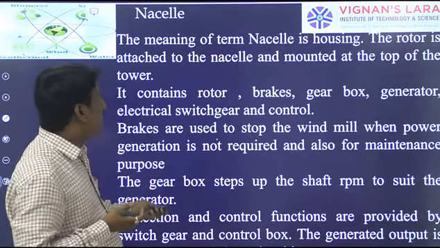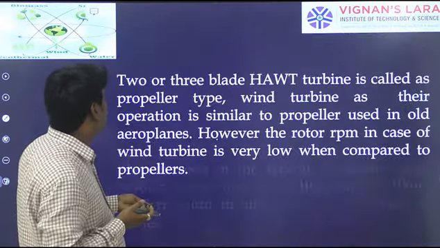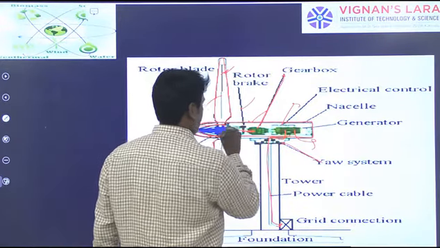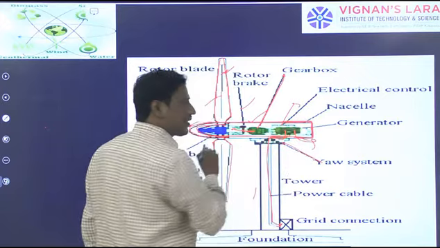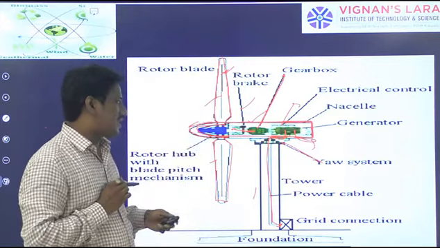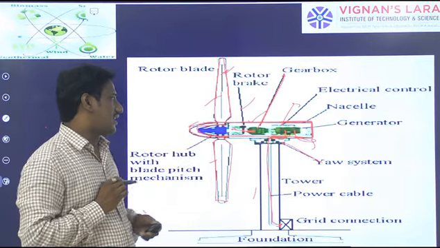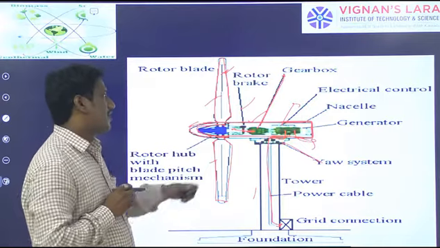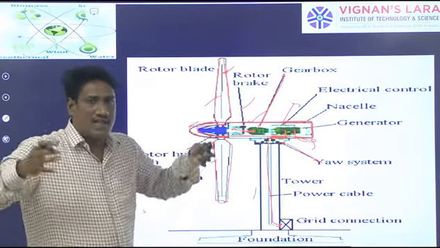So that is the hub. Coming to the nacelle. This is called the nacelle, where all the important components like gearbox, generator, electrical control mechanism, and rotor brake are housed.